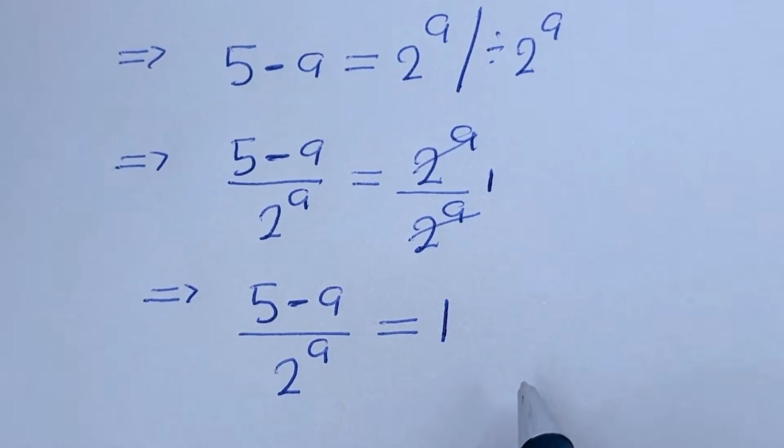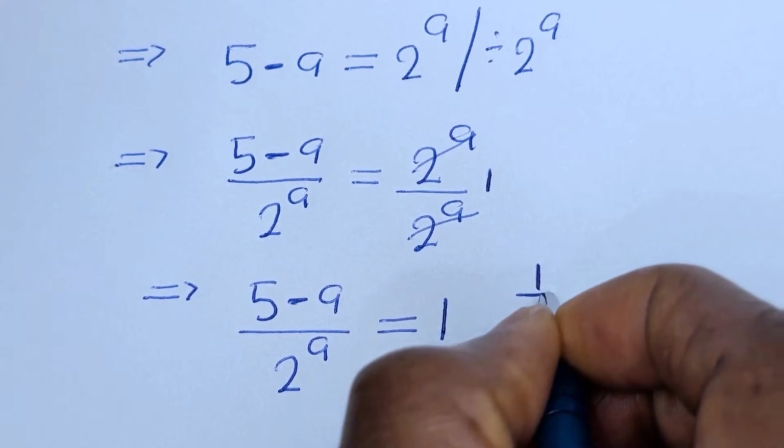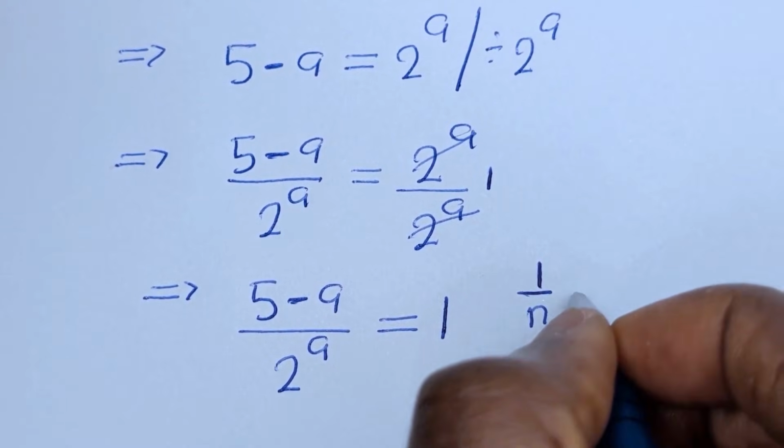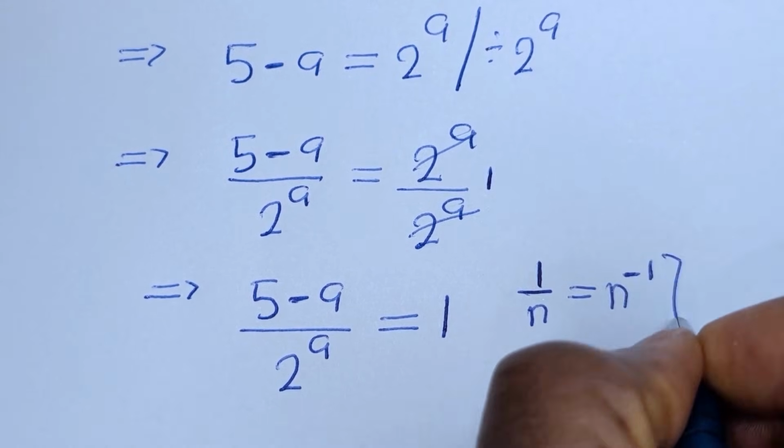Take note of this, that if you have 1 divided by n, this is equal to n raised to power minus 1.